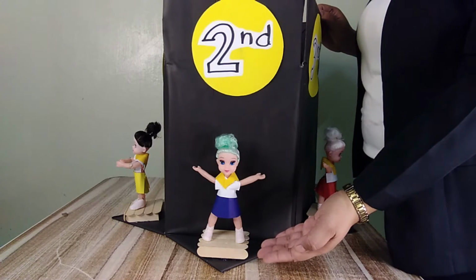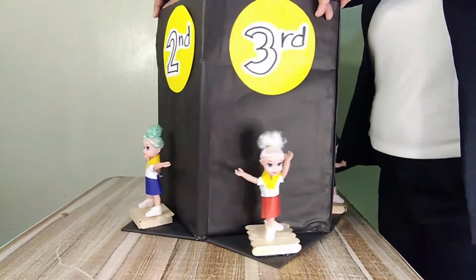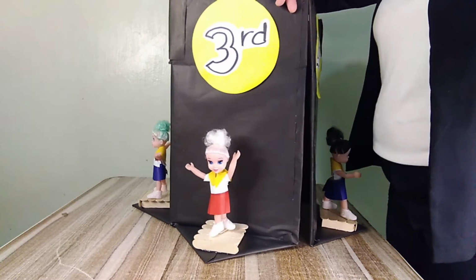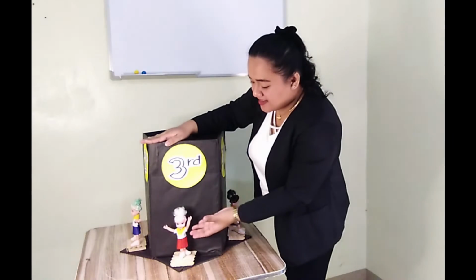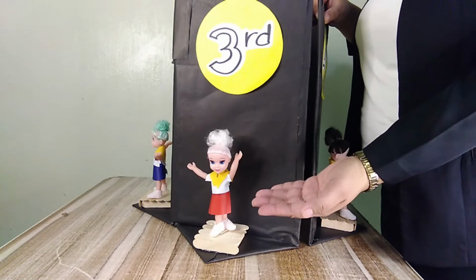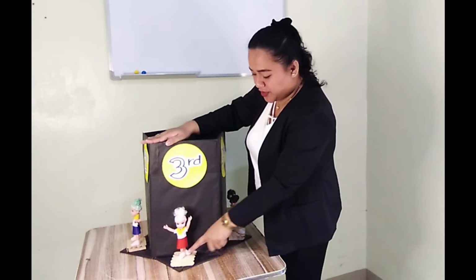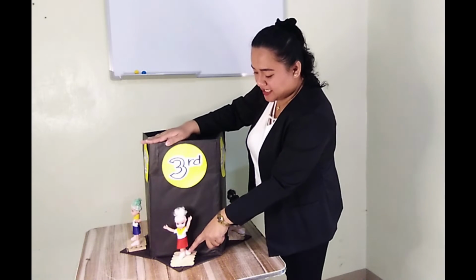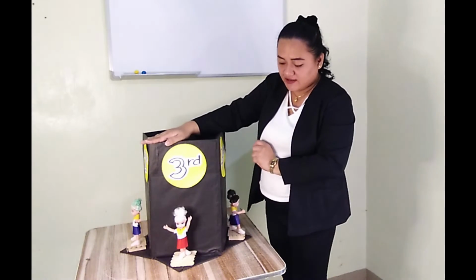That's the second position. And the third position, my little baby here raises her left arm up above her head, and then her right foot moves to the instep of her left foot.